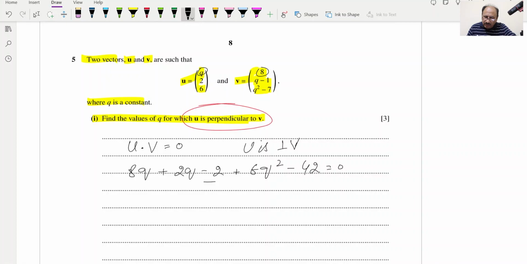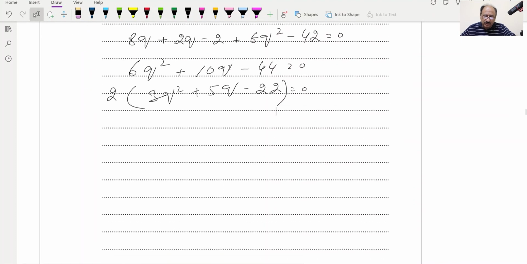Now we can combine the minus 2 and minus 42 and the q terms, adding like terms basically. So 6q squared plus 10q minus 44 is equal to 0. We can take 2 common, so it will be 3q squared plus 5q minus 22 is equal to 0, and we know that 2 is not equal to 0.